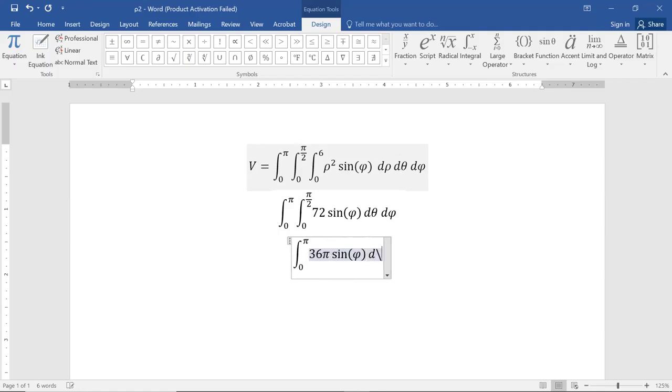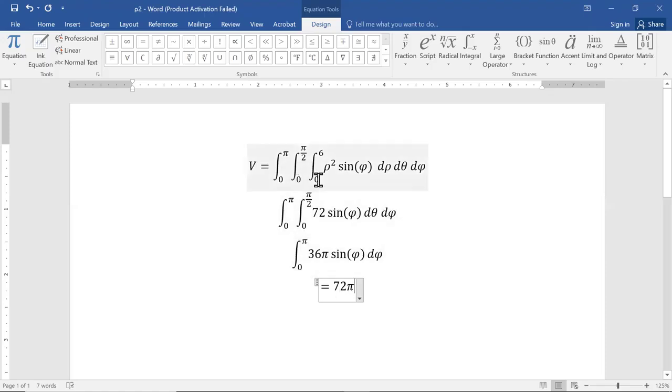Integrate that with respect to phi. This is something you can plug into your calculator, or you can do it by hand, it doesn't matter. But I get the volume here as 72 pi. Either way, it's pretty quickly done. So this three-dimensional region has volume 72 pi.